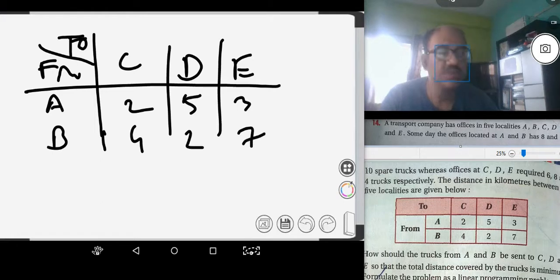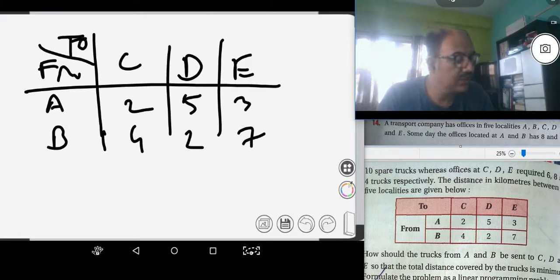So how should the trucks from A and B be sent to C, D, and E so that the total distance covered by the trucks is minimum? The distance is given in a different form, so let's check the distances.